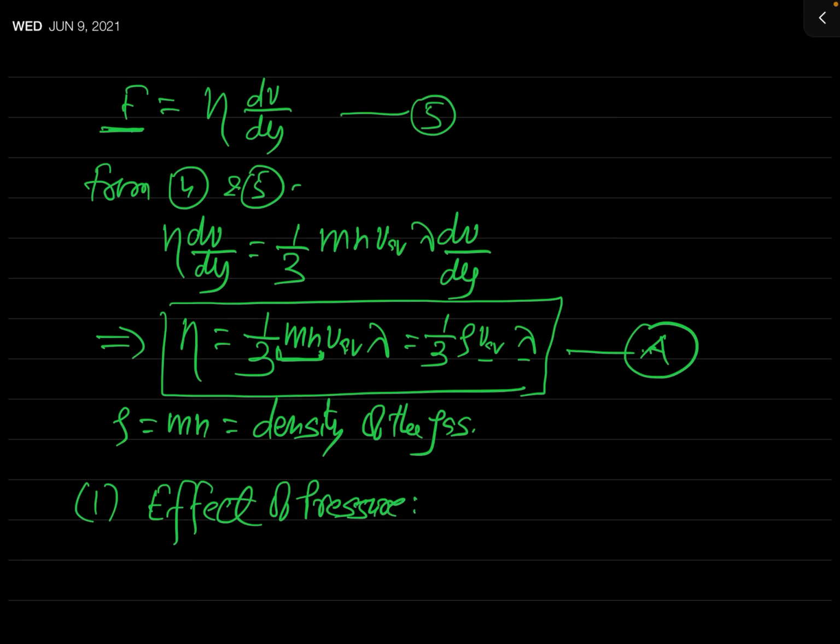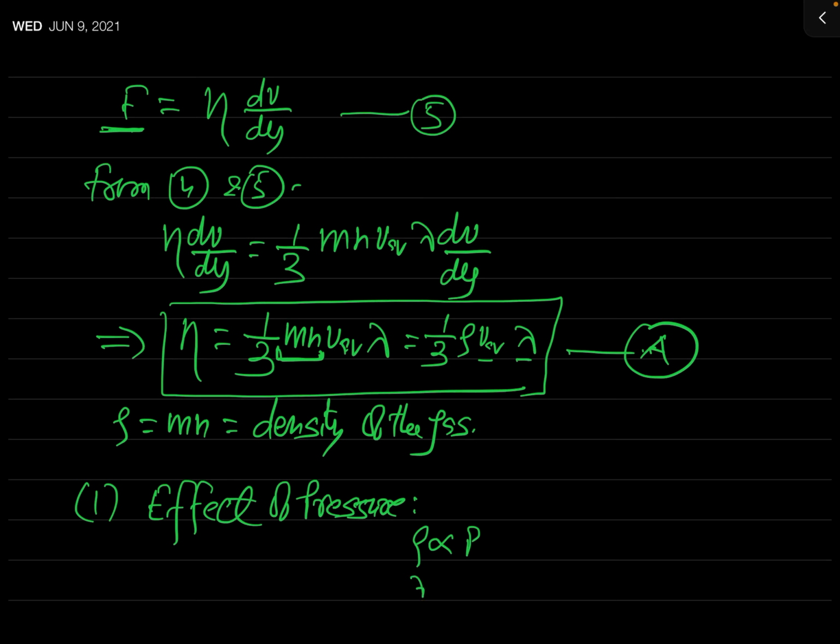See here, the density of the gas increases with increase in pressure. So roughly you can say that rho is proportional to P, where P is pressure. But at the same time, you have already studied in the previous lecture that the mean free path is roughly inversely proportional to the pressure.